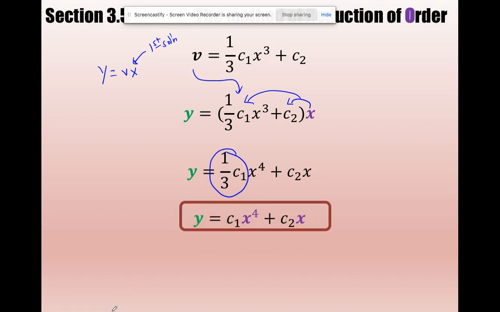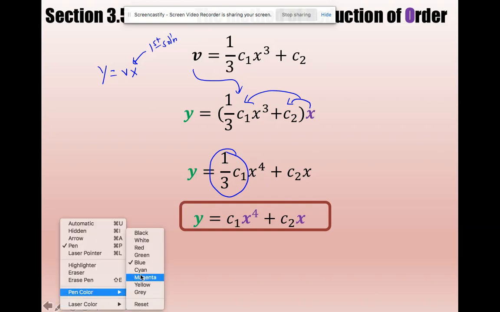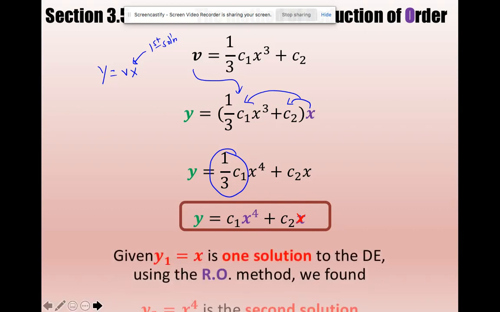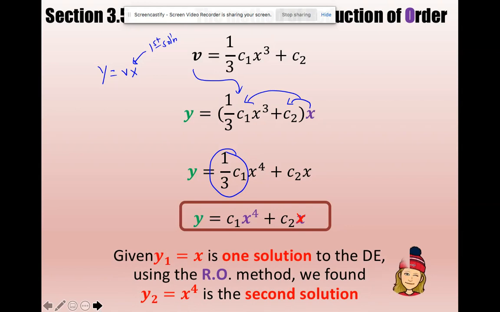And there's my general solution. OMG. Remember, we already found this. We were given this. We used the reduction of order formula to come up with x to the 4th. Wink, wink.